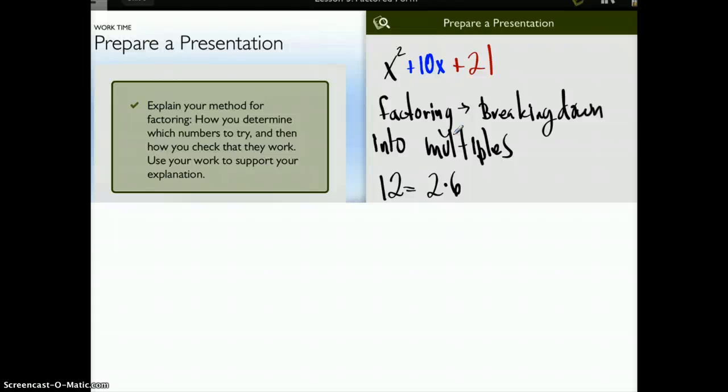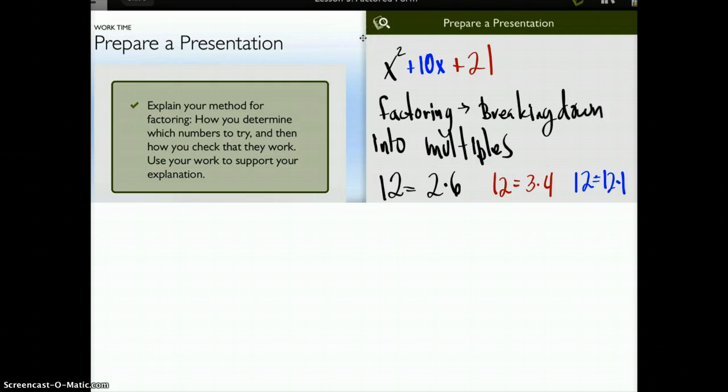This one has a very specific answer, whereas 12 has more than one answer. I can have 2 times 6. I can have 12 is equal to 3 times 4. I can have 12 is equal to 12 times 1. I can make them all negative. But factoring a trinomial or a polynomial only has one possible solution.